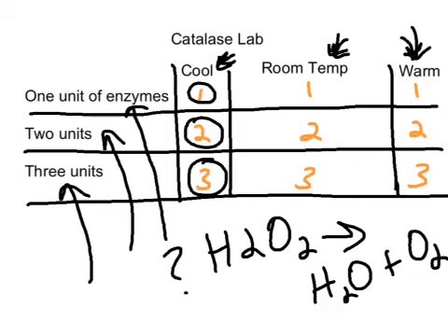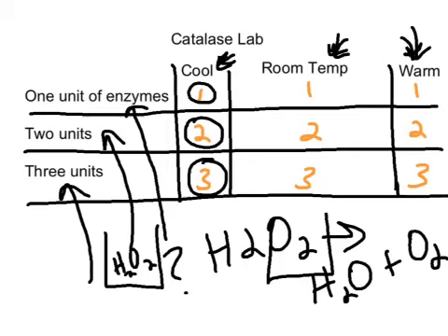And of course you had to have a control group, so your control group was having just H2O2 in the vessel versus your experimental group, which had the H2O2 and the enzyme. That took care of the control group and the experimental group.